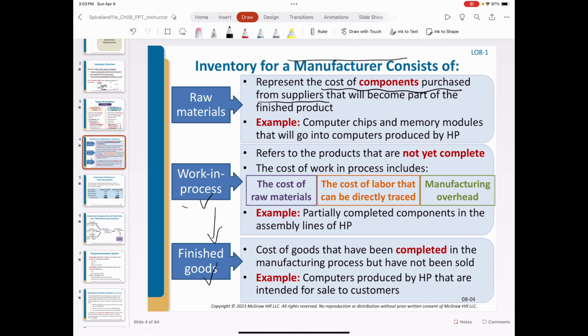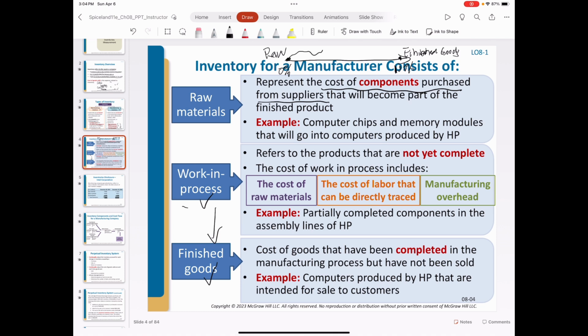If I use this flow chart to show you, here this is raw material. The production procedure is 0%. It has not started yet. While the finished goods are finished because the production procedure is 100% complete.